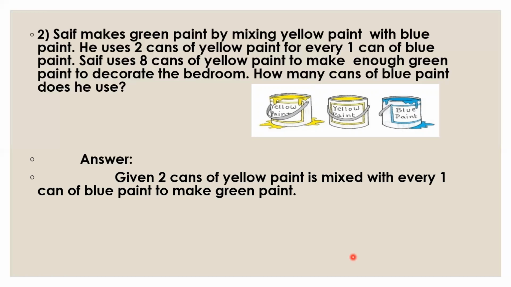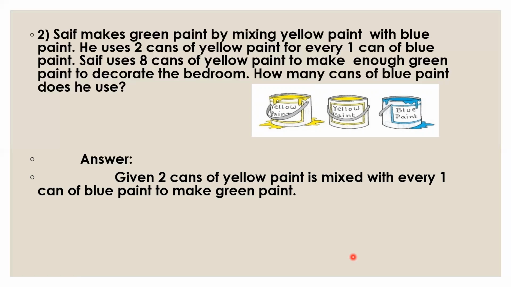So 2 cans of yellow paint, then 1 can of blue paint. Here the question is 8 cans of yellow paint. So how many cans of blue paint? 2 cans, it is 1. 4 cans, it will be 2. How? 2 cans of yellow paint, 1 can of blue paint.